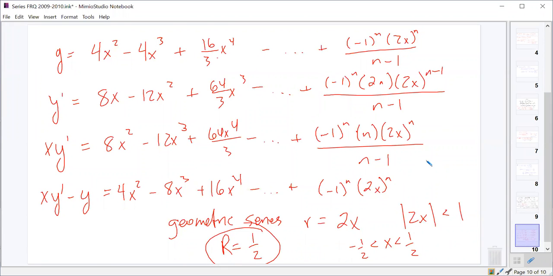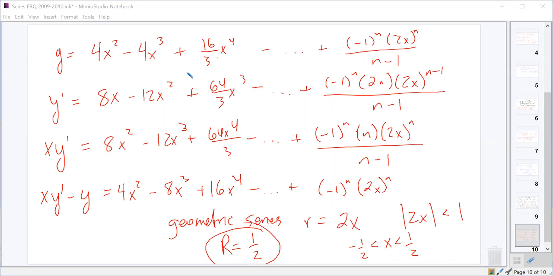Good or no? Any questions on that one? Less confusing now, those of you that said you were having trouble with B? So basically this should equal 4x squared over 1 plus 2x, right?